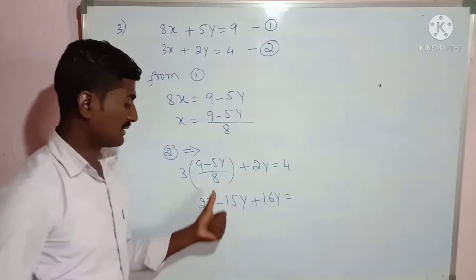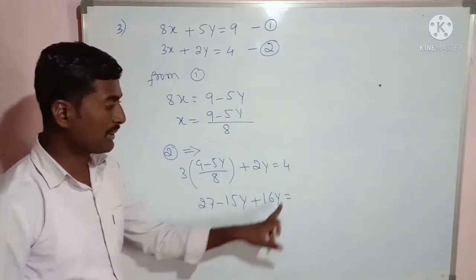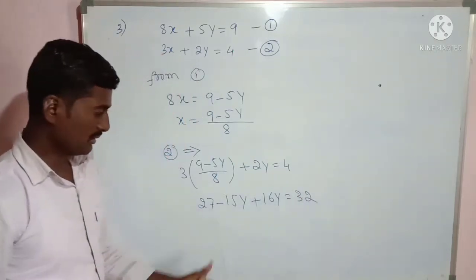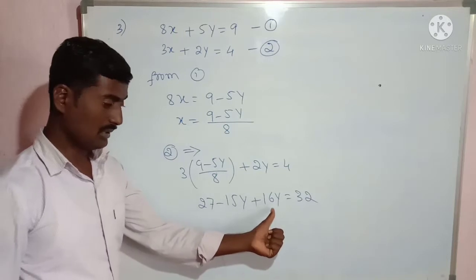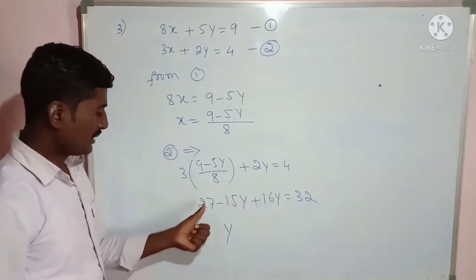Right? Then after taking LCM, that 8 I will send to the right side. It will become 8 fours are 32. Now minus 15y plus 16y, that is how much? Plus y. 27.